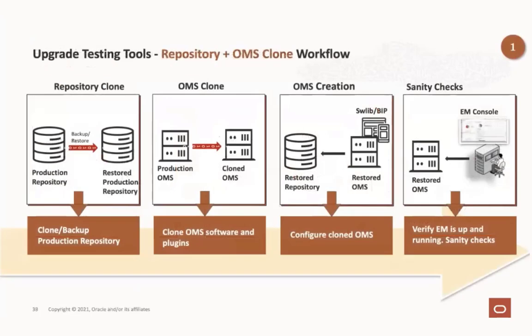So in the first method, you create a replica of your production system by cloning the repository and cloning your OMS, where you can create an intermediate OMS system, which can be a single OMS system, which will have the data of your production on the repository, and on the OMS side, you'll have all the same plugin configuration because we are cloning the OMS and creating a new system. On that new system, you'll be performing the upgrade.